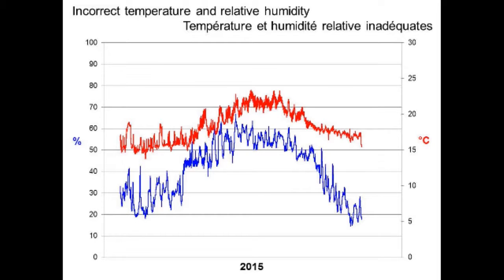So let's go to our most favorite topic when we're thinking about collections, which is relative humidity and temperature. Those crazy storage places that have absolutely no environmental control. Because we have some tools that can help understand this kind of risk as well. This is a very typical graph that you will see in a space that has very little control.